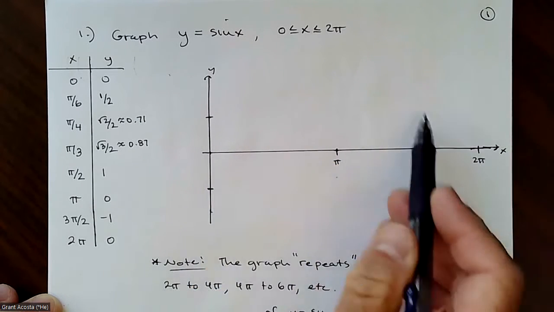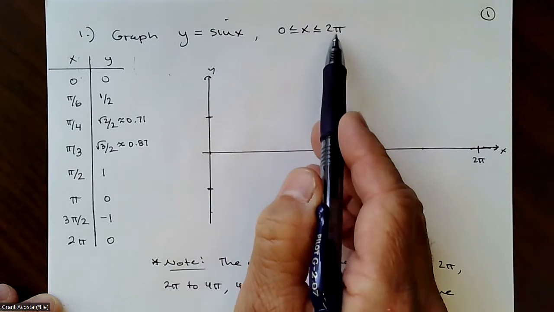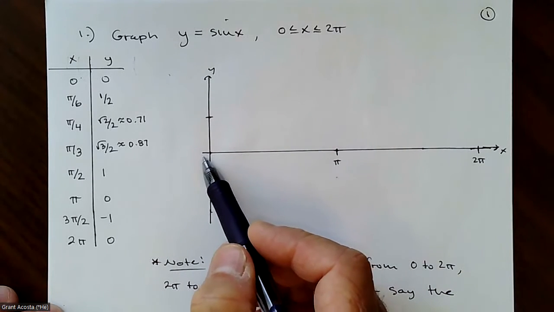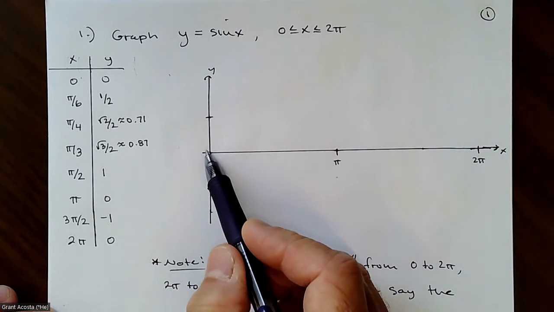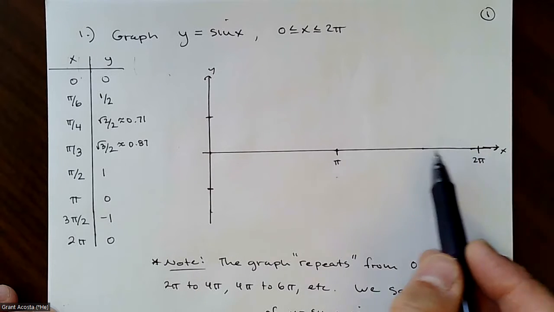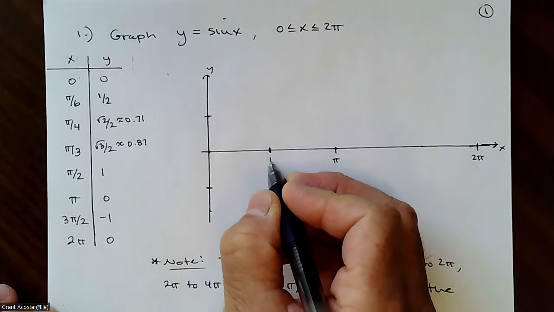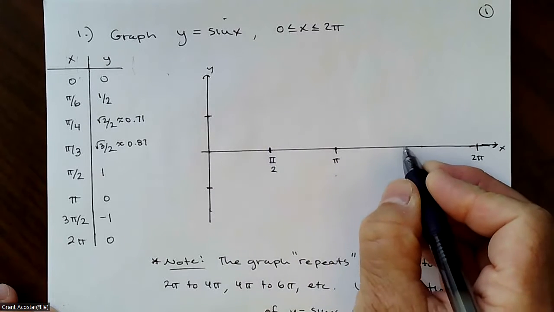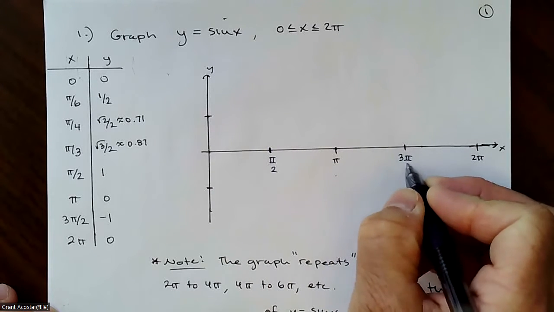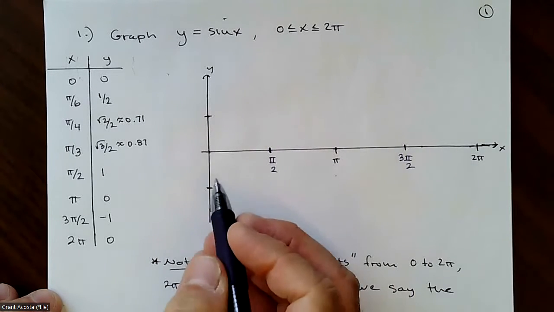So one trip around the circle, as we know, is from 0 to 2 pi. We're going to see how this looks graphically if we graph it on the xy plane. So here's 2 pi, here's pi. Halfway between 0 and pi is pi over 2. And this would be 3 pi over 2, halfway between pi and 2 pi.